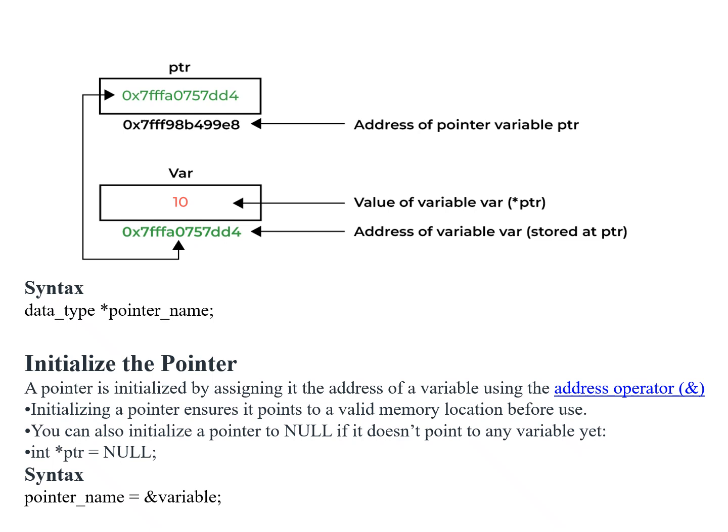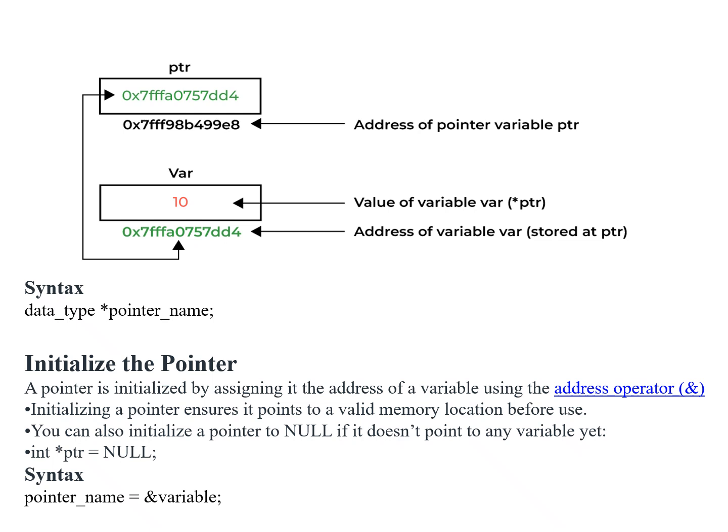The pointer variable holds the address of the variable, shown as a hexadecimal address representation. The pointer is a variable that stores the address. The syntax is data type, asterisk symbol, then the pointer name.